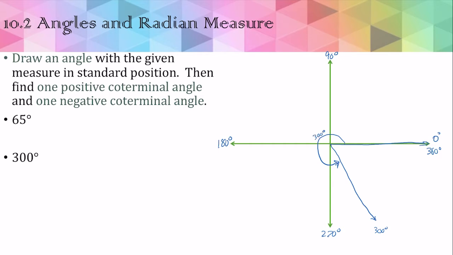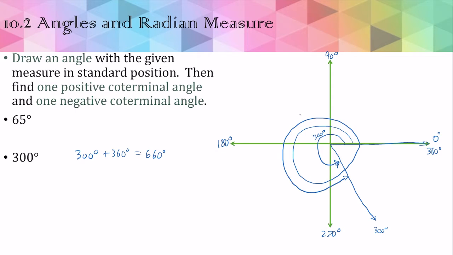To find the coterminal angles, we could add 360, which would give 660. So that's going all the way around and then around to our angle. Or we could subtract 360, and because it's negative 60, I can go clockwise.